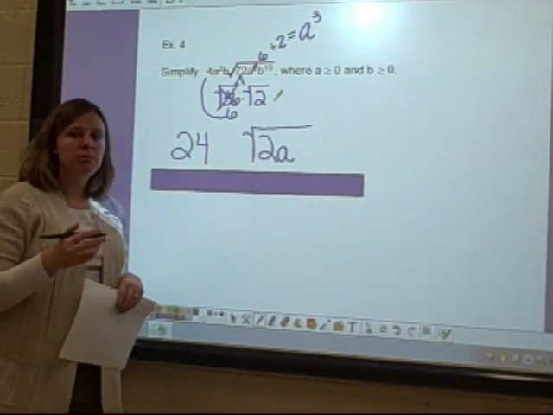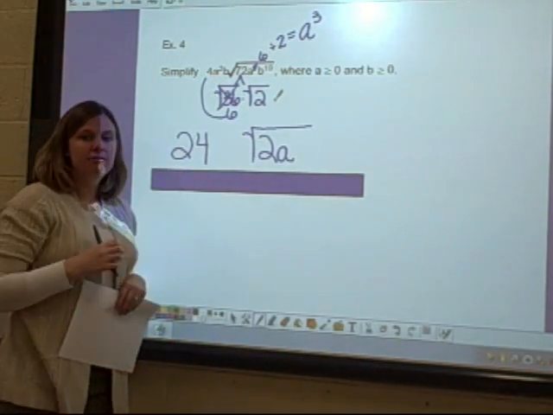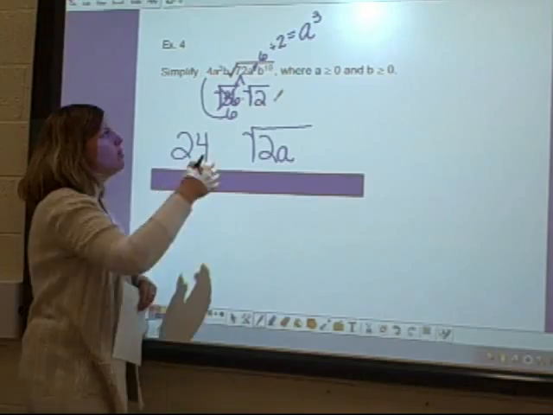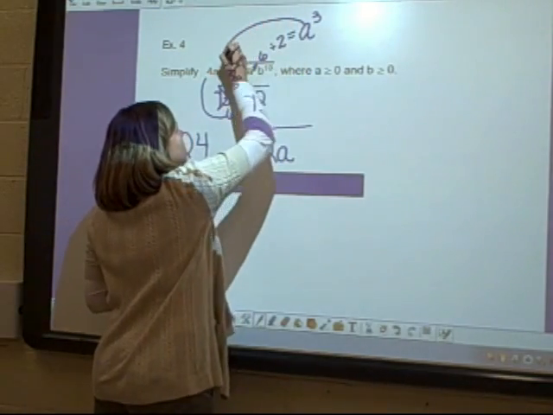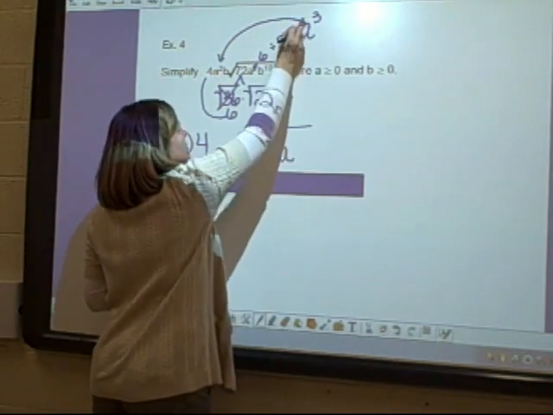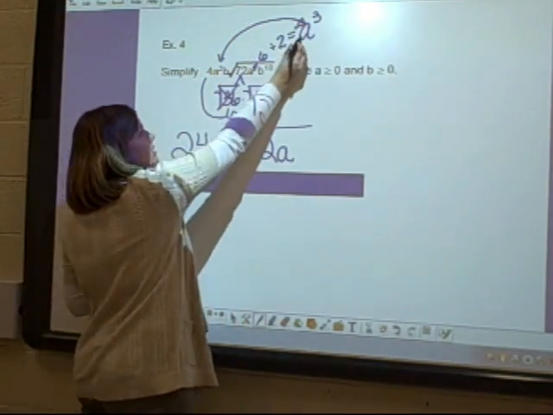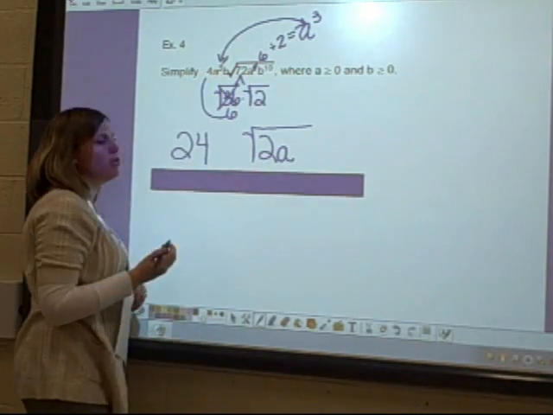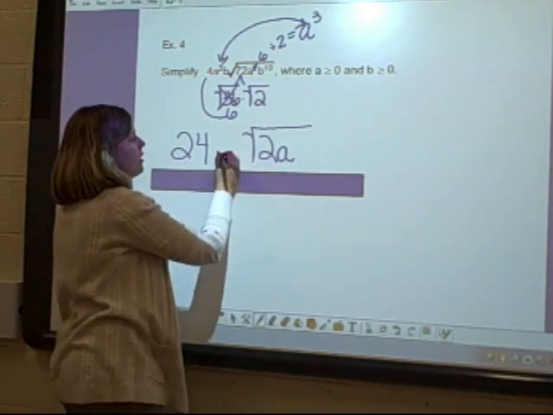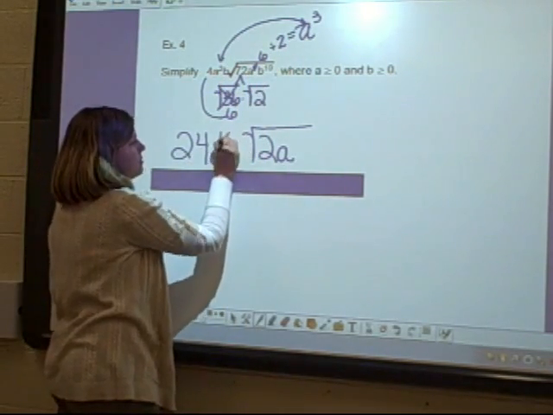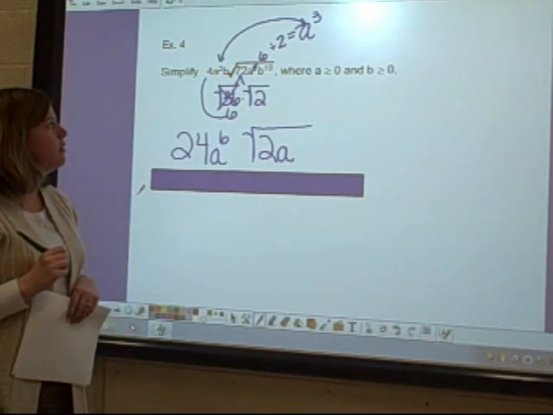But I have to remember, since I have a's on the outside of the radical, I have to combine them together. And if I take a to the 3rd times a to the 3rd, remember your rules, it actually becomes a to the 6th because you add your exponents together.